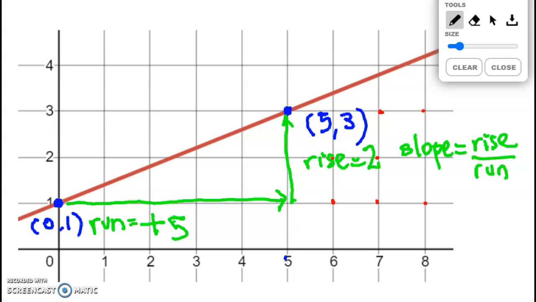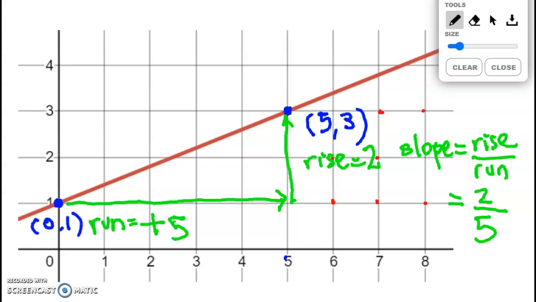Every time you use formulas, you always write it out, then you plug it in. What is rise? It's 2. Run is 5. Another common mistake is flipping the 5 and 2, putting 5 over 2. That is not correct. Rise is 2, run is 5, so it's going to be 2 over 5.